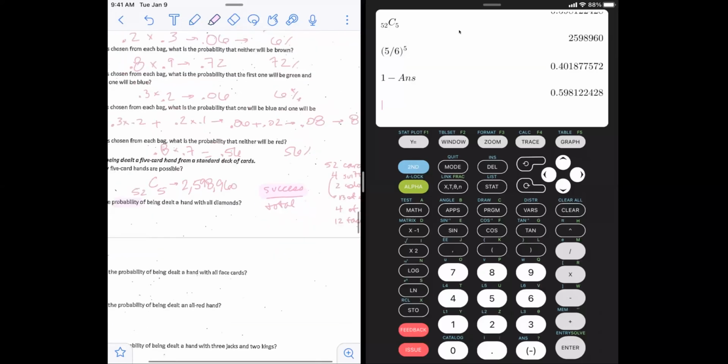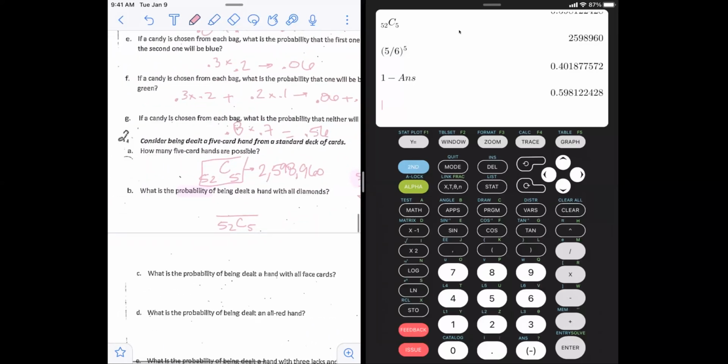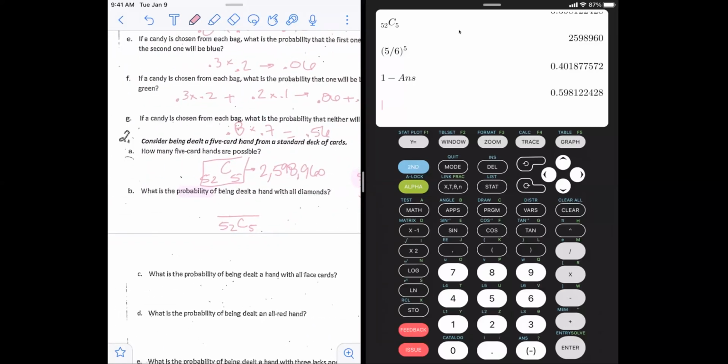But the total that's going to be involved in every single answer is 52C5. So all of these are going to be a fraction, and in the denominator in all of these problems, it's going to be 52 choose 5. What we're asking ourselves then is, what goes on top? I don't need my calculator because I'm not going to plug anything else in today.